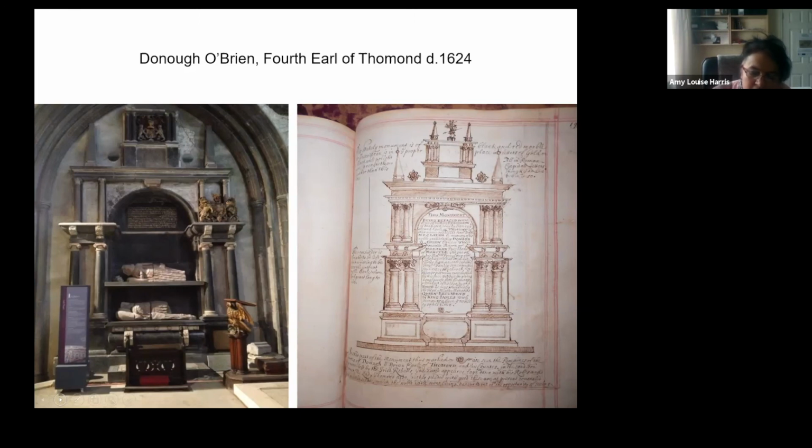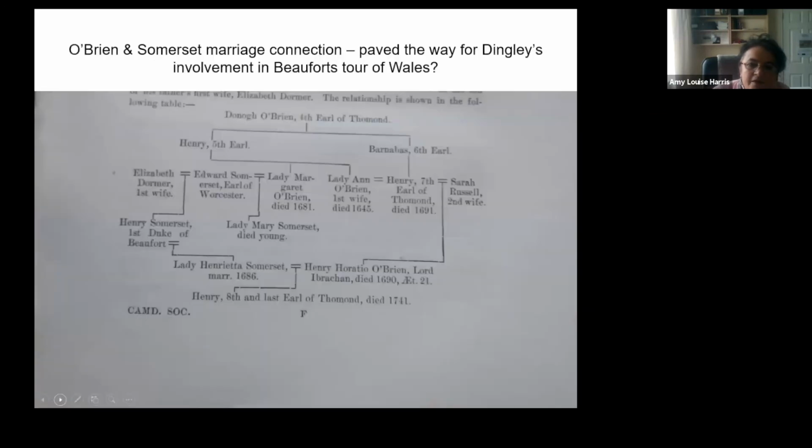And the reason for this gap is because Dingley appears to have taken, well, I believe he took the drawing that he made of the O'Brien tomb and put it in his Welsh tour.